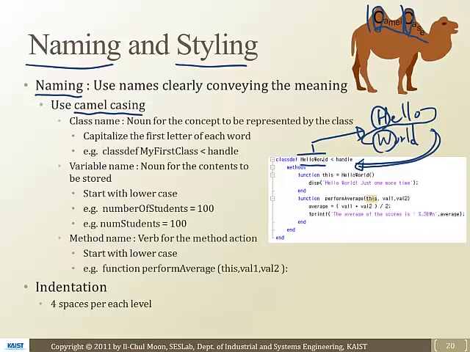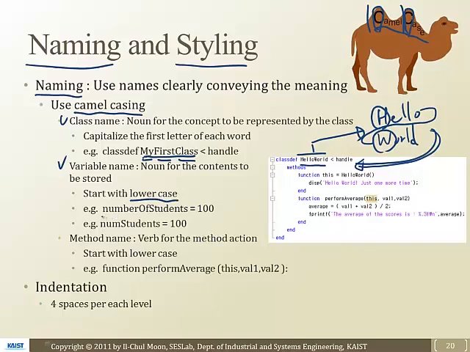Similarly, this rule applies to class naming, clearly, right here. MyFirstClass has three important words. And for a variable name, for instance numberOfStudents, I would like to emphasize that you have to start with lowercase.